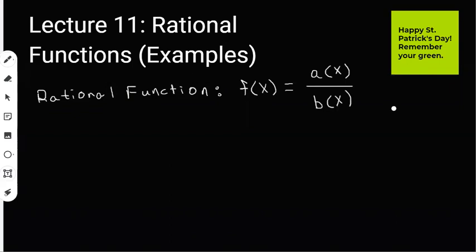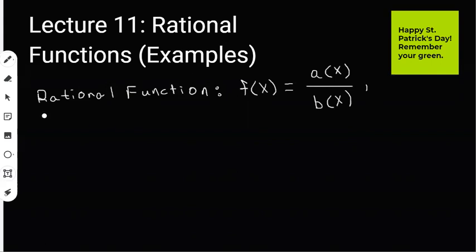A of x is called your numerator, b of x is called your denominator, and they are both polynomials with independent variable x. So x is always going to be the variable here. And whatever x value you put in, you're going to get out a y value.